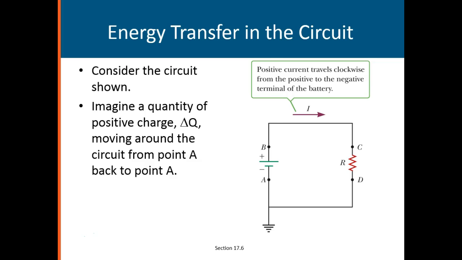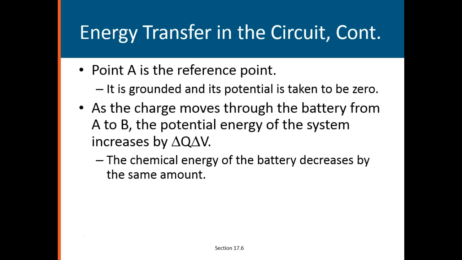Now, point A was called the reference point, and the symbol there for grounding said that there at ground the potential is taken to be 0. As the charge moves through the battery from A to B, the potential increases by delta V, which is the energy increase, the energy you've given to those charges.